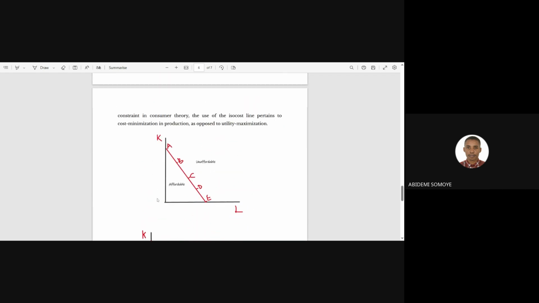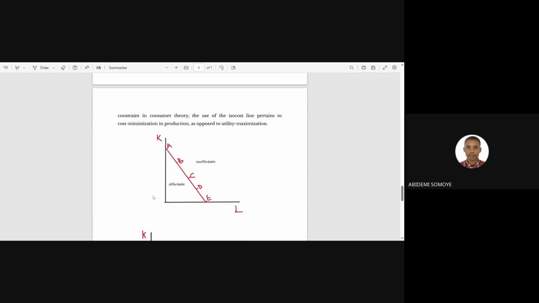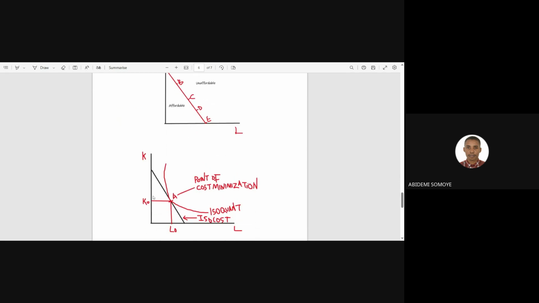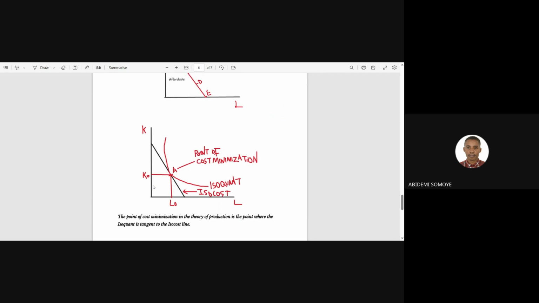All right. So one thing about the isocost line is that it majorly talks about cost minimization. And what is the point of cost minimization? The point of cost minimization is that point where the isoquant is tangent to the isocost.